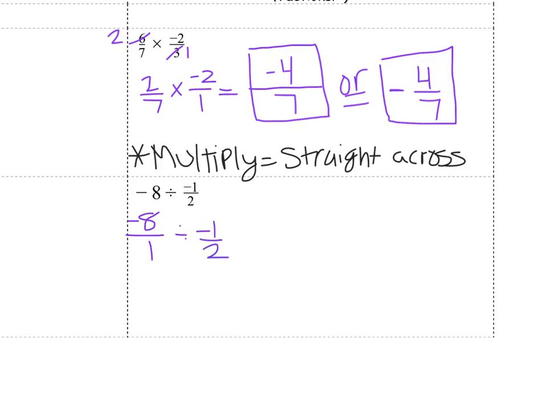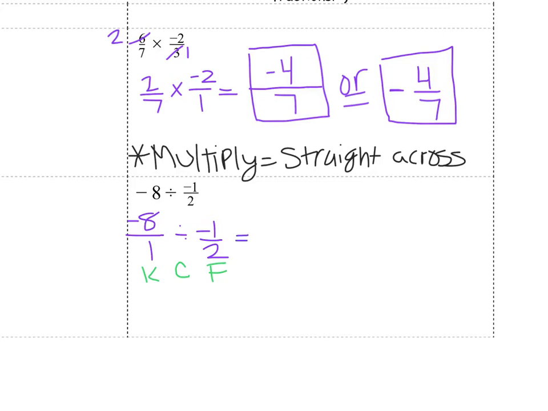Okay, so now dividing is a little bit different than multiplying because we need to keep, change, flip. So we need to keep our first fraction, change the sign to multiplication, and then flip it. We need to flip the second fraction to its multiplicative inverse. Such a fun word to say, multiplicative inverse. So that means that we are just flipping the fraction around.